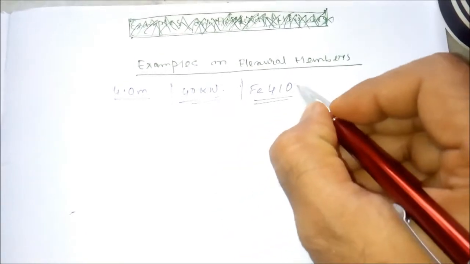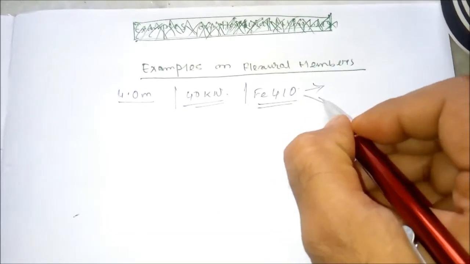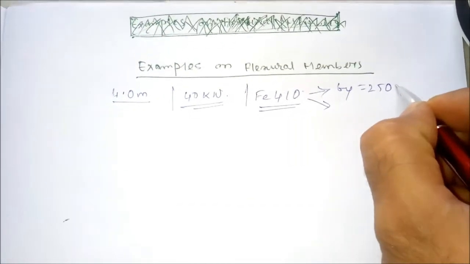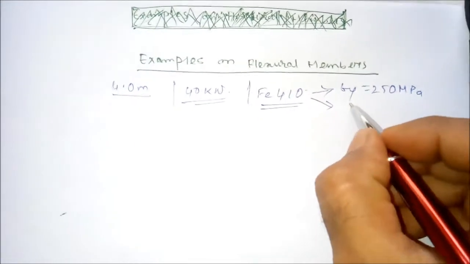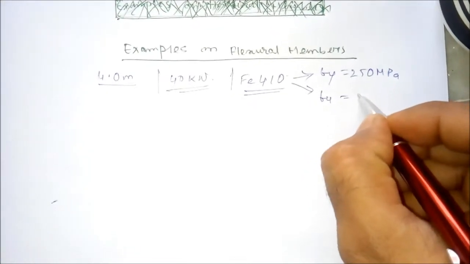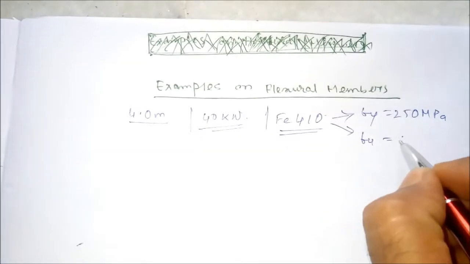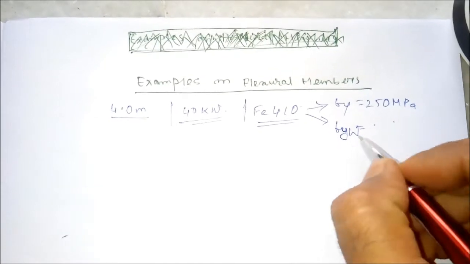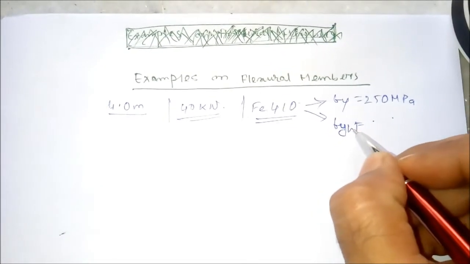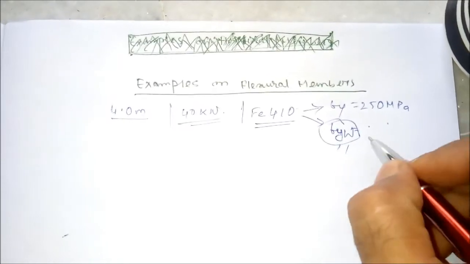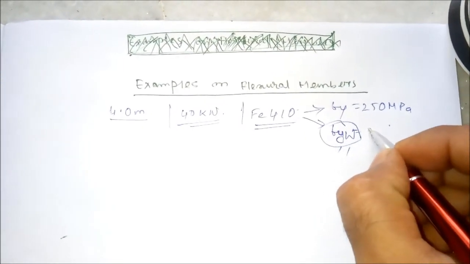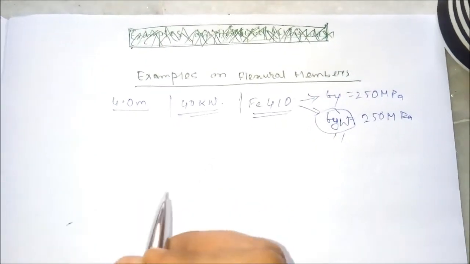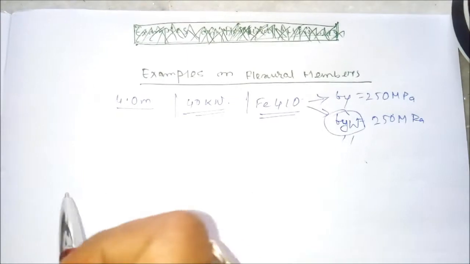For Fe 410, Fy for this case will be 250 MPa, and Fu will be equal to the corresponding value. Then Fyw, that is the Fy of web, we need in future. This will again be equal to 250, because all the values of web and flange will be the same. So those are the values we can get.